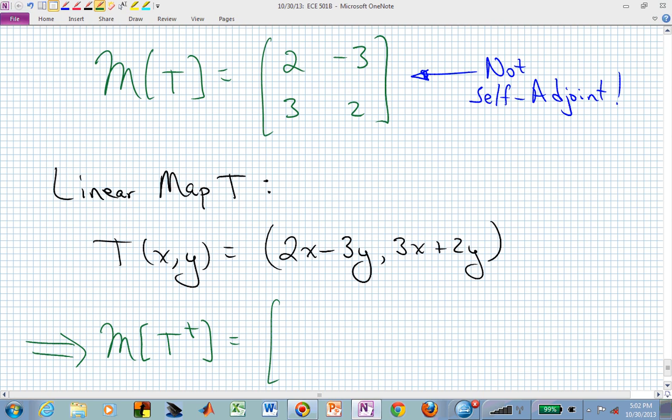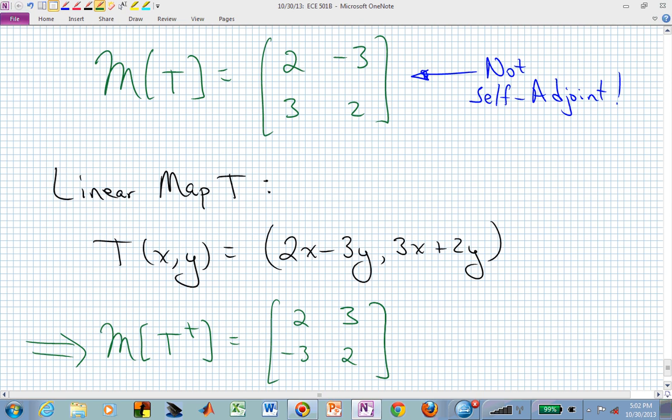So we can complex conjugate that, and it gives us the same matrix back. But now if we transpose it, we get this. There is our matrix representation of the adjoint of that operator, T.